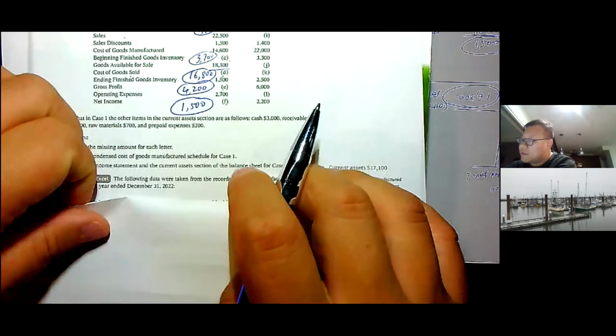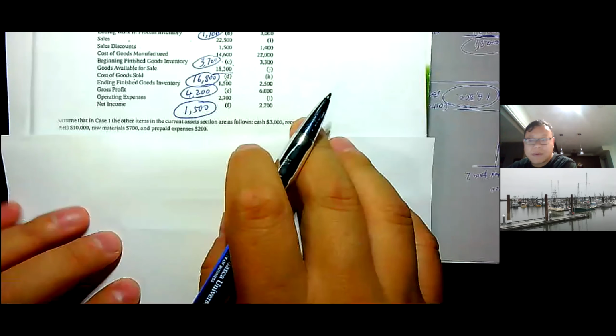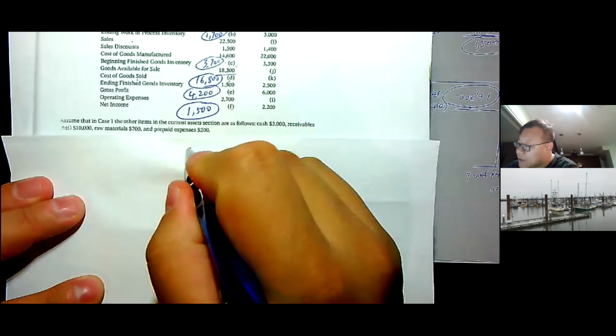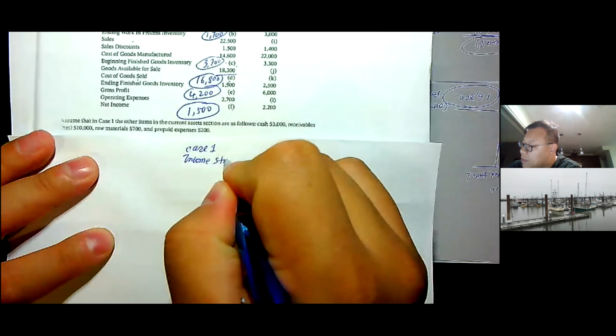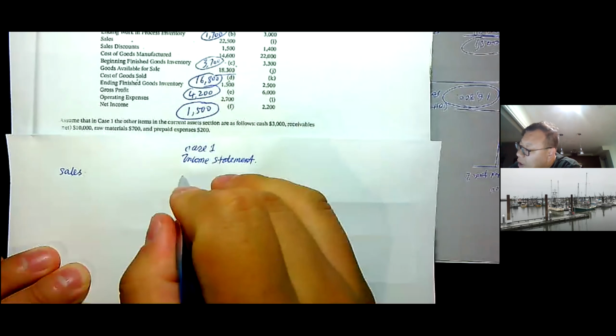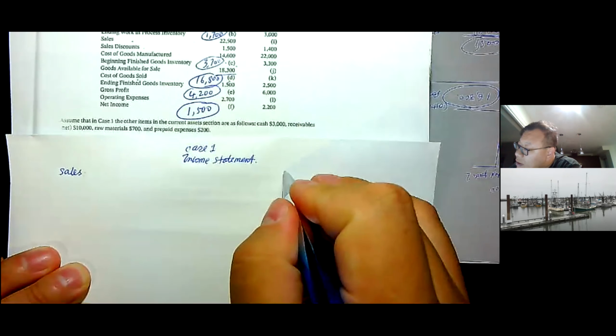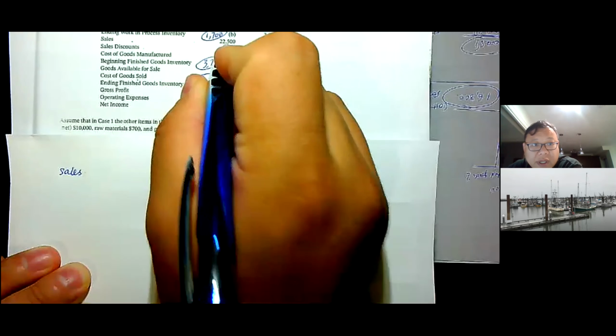So case one, income statement. Okay, so you start with sales. This one is here, 22,500.